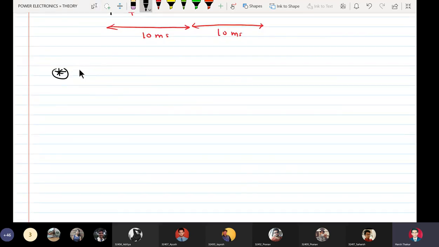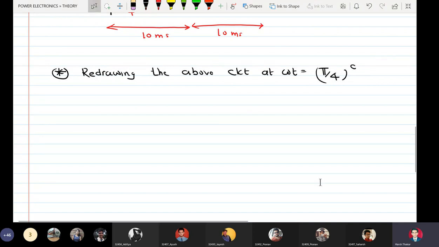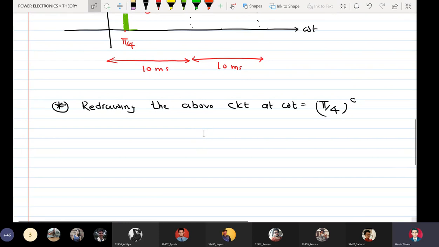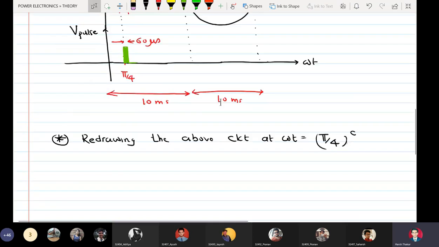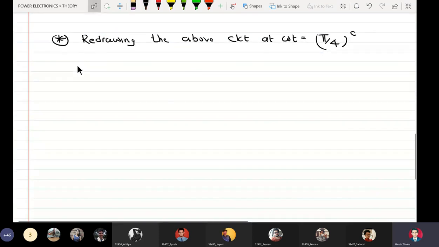So what we are supposed to do is redraw the above circuit at omega t equal to pi by 4 radians. This is very important. At omega t equal to pi by 4 radians, what is the instantaneous value of Vs? It's very simple.